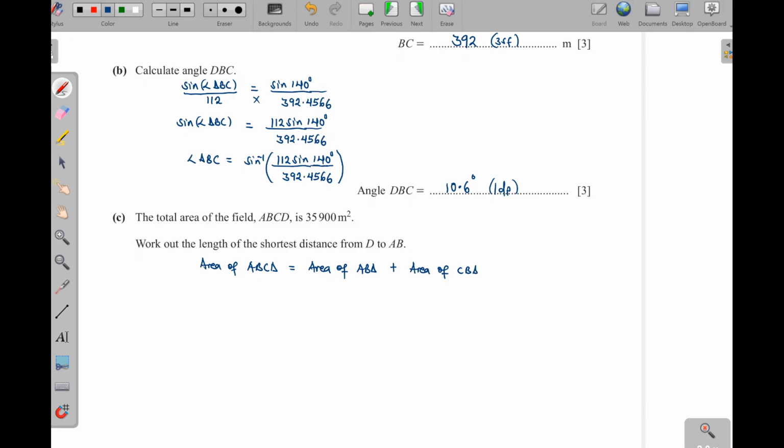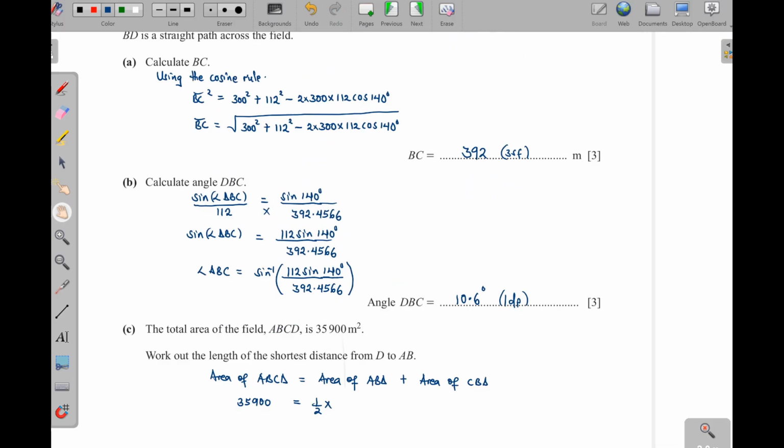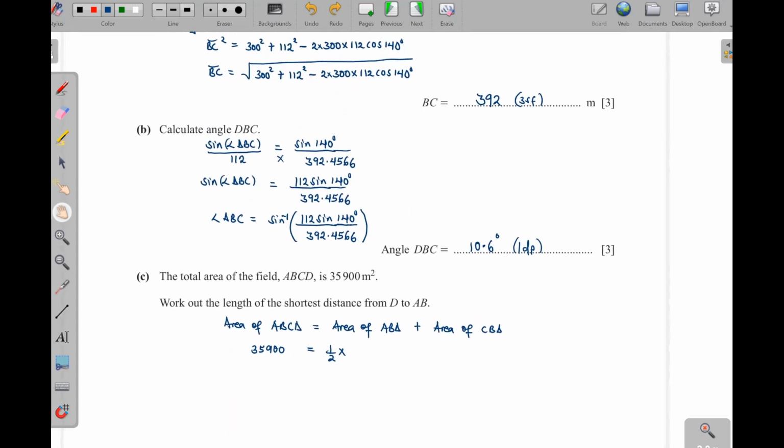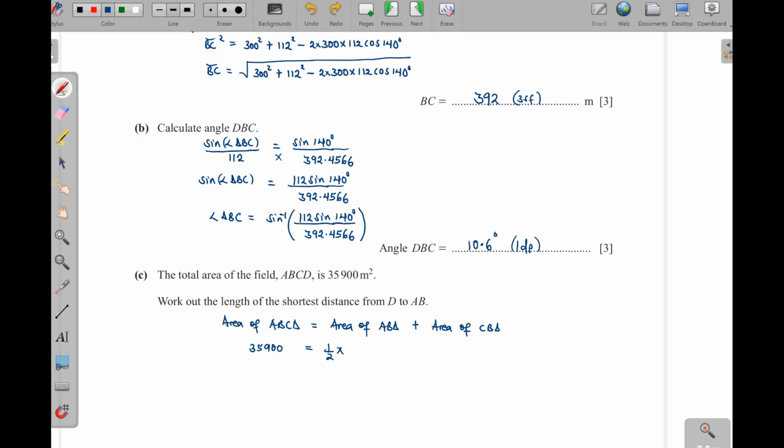Now this one is given as 35,900, and the area of ABD will be a half times 180 times 300 times sine of theta.